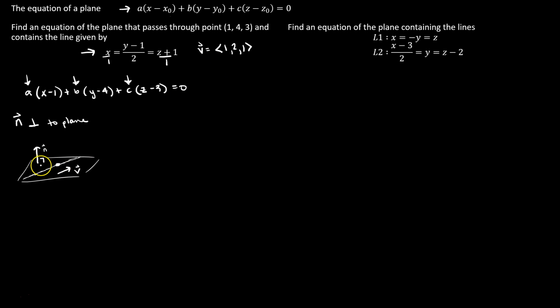To generate another vector in the plane, all we need to do is generate another point, and we could find the vector between 2 points. So looking at my symmetric equation, I want to find another point other than 1, 4, 3, so that I can create a vector between the point 1, 4, 3 and the new point that we're creating.